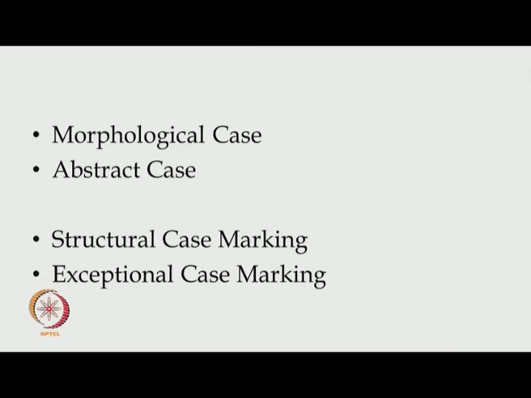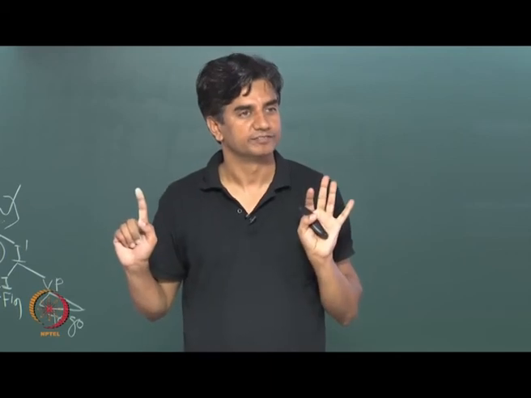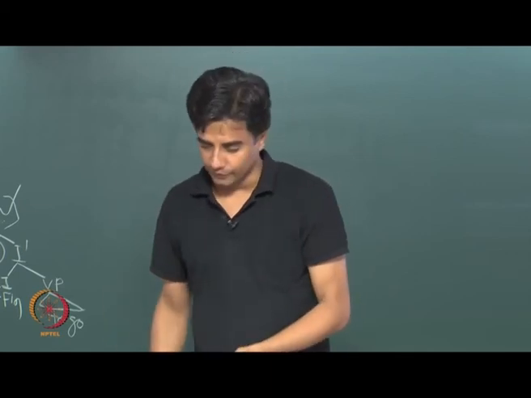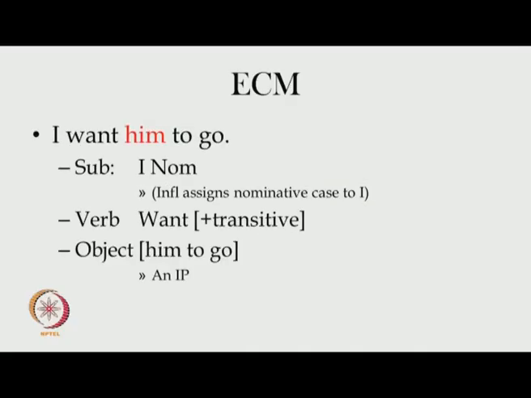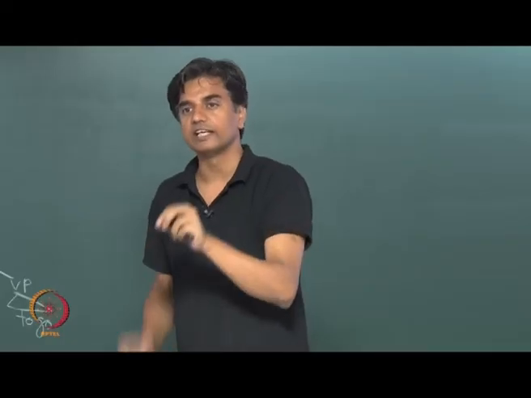At the end of it, I want you to know that these are the terms with clarity you should keep in mind. What we mean by morphological case and what we mean by abstract case. Okay? So, look at this sentence. John, in sentence number 1, "I want John to go," John is an example of abstract case. That is, accusative case appears on John in an abstract way.